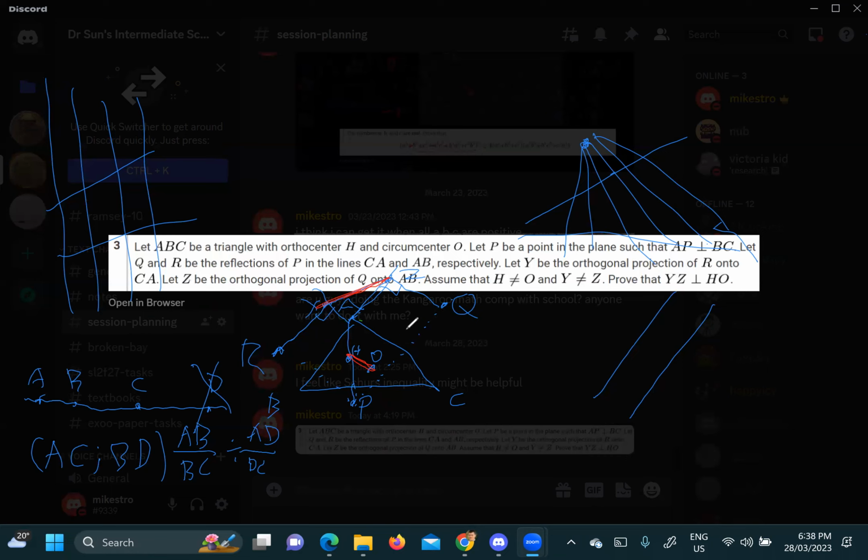So now, Y and Z. Y is clearly a projective transformation of R, because R is literally projected, it's in the word, projected onto AC. And Z is Q projected onto AB. So that's a projective transformation.